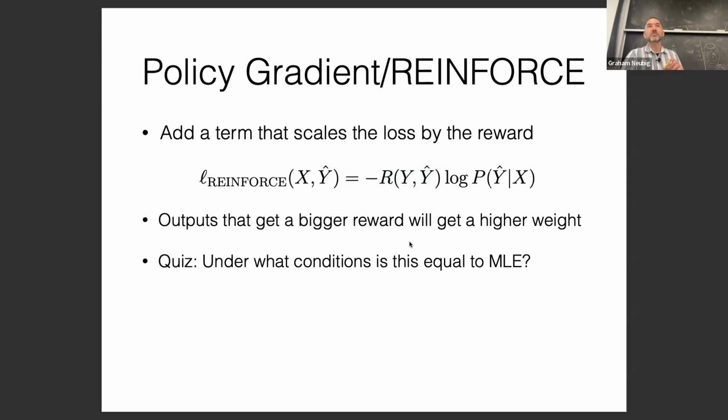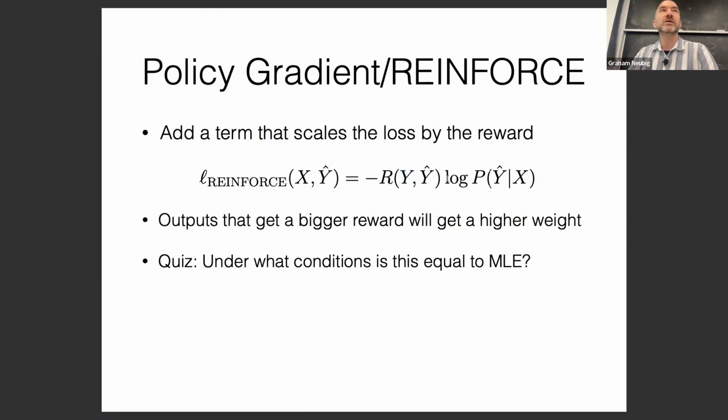The problem, though, is this can be very unstable. When can this be unstable? Number one, let's say you're starting from scratch with a completely untrained language model. No matter how many times you sample from it, it's not going to be able to solve complex math problems, right? So you'll sample and sample and sample, and you'll never get a reward that's more than 0. So you'll just spin your wheels forever and never learn anything.